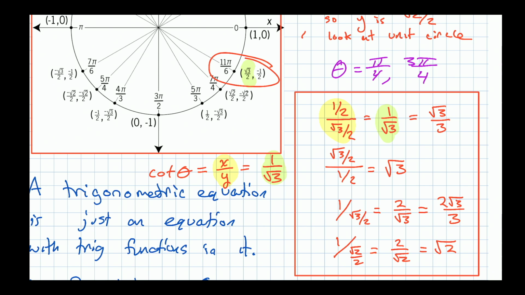So I'm looking for an x value of 1/2 and a y value of square root 3 over 2. That's how I'm going to get 1 over square root 3 over 2. So I'm looking for x equals 1/2, y equals square root 3 over 2.